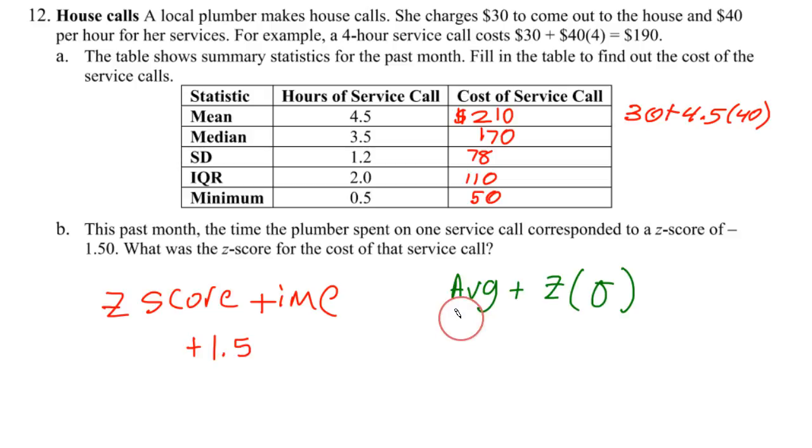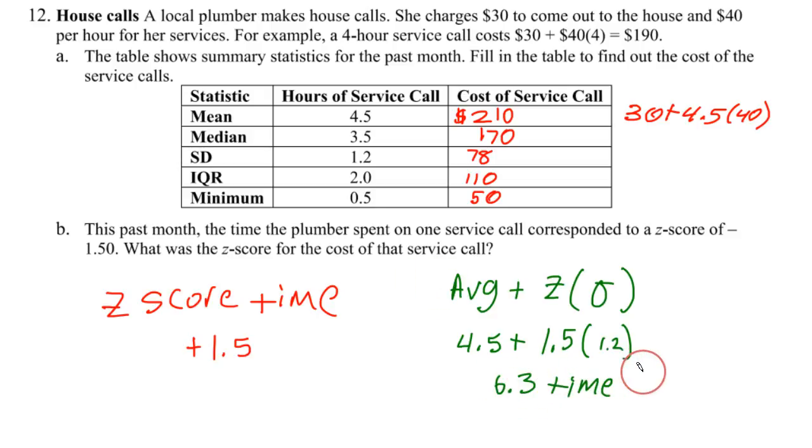So the average time was 4.5, and then I add to that 1.5, the z-score, times the standard deviation. Okay, standard deviation was 1.2. So typing this out, I get 4.5 plus 1.5 times 1.2, and I get 6.3. So this 6.3 is a time calculation.